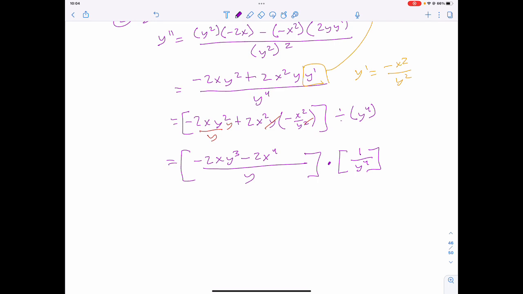I'm going to expand along the denominator to get y to the 5. And I'm going to factor this numerator, pulling out a common factor of negative 2x. And what am I left with? Y to the 3 plus x to the 3.